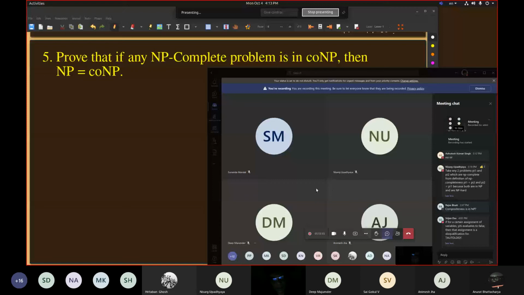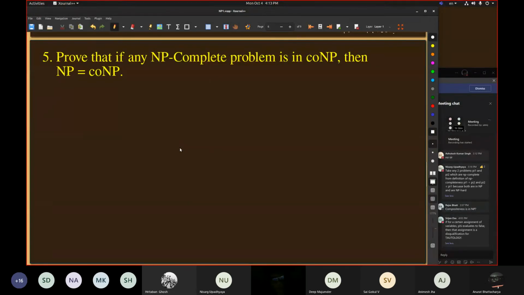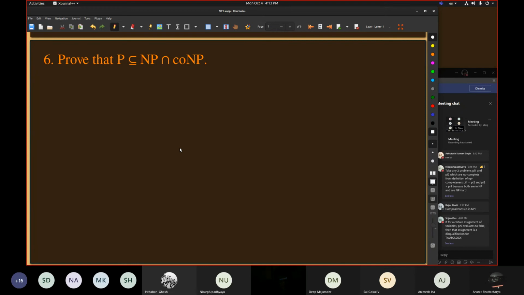Okay, so before any bad thing happens, let me show you the exercises. Prove that the class P is in the intersection of NP and co-NP. I will supply solutions to all of this. And like NP complete problems, you can define co-NP complete problems, because these are just complements.